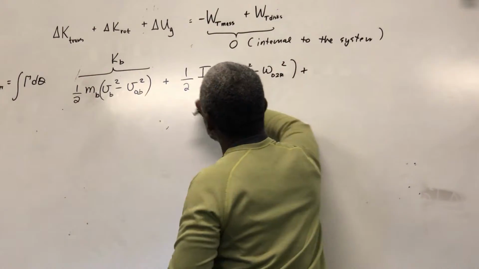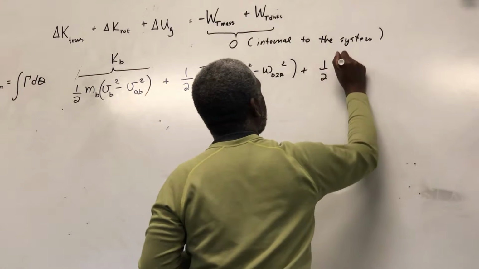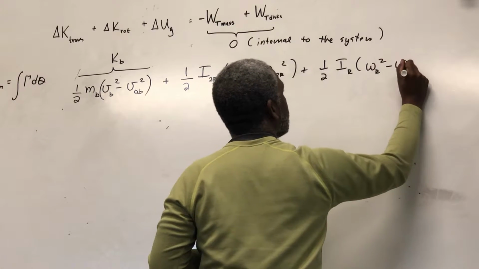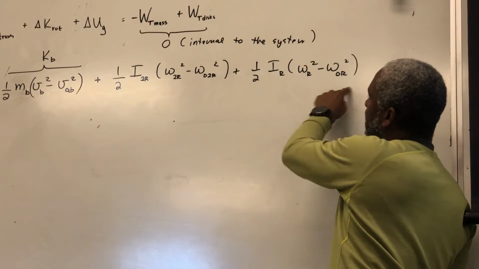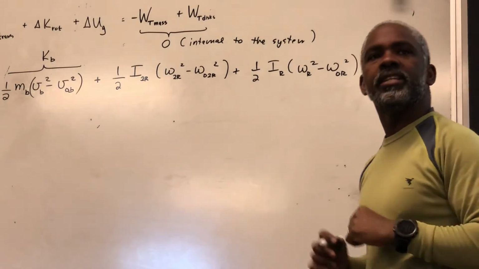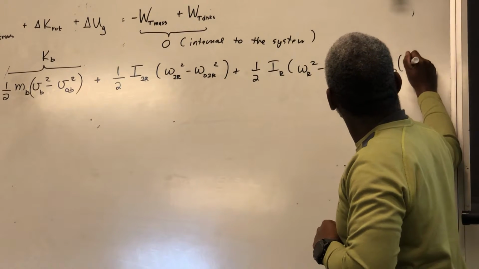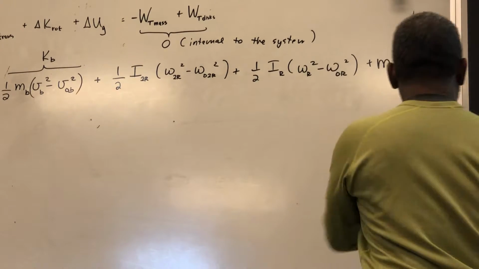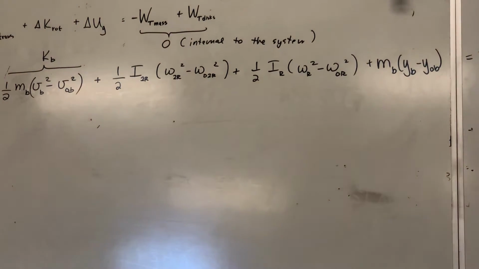And this is the change of rotational kinetic energy for the outer disk, plus 1/2 I r omega r squared minus omega naught r squared. This is the change of rotational kinetic energy for the inner disk, plus mass of the block, final height of the block, minus initial height of the block, is equal to 0. Any questions on where I get this line?